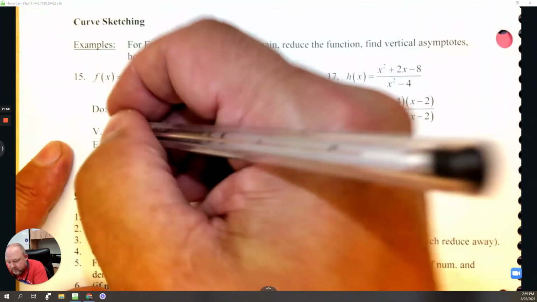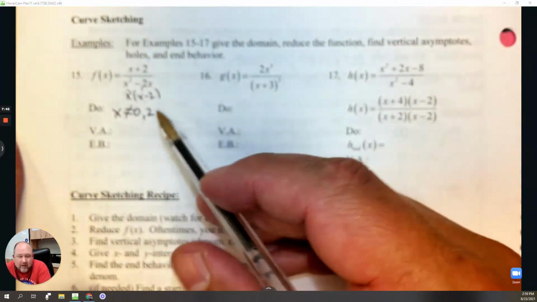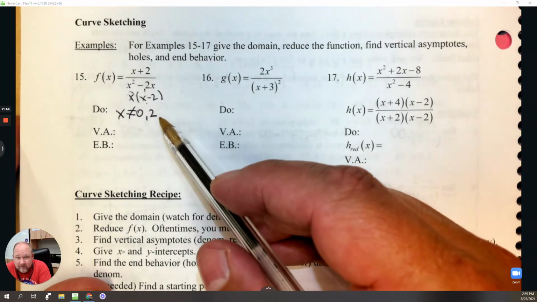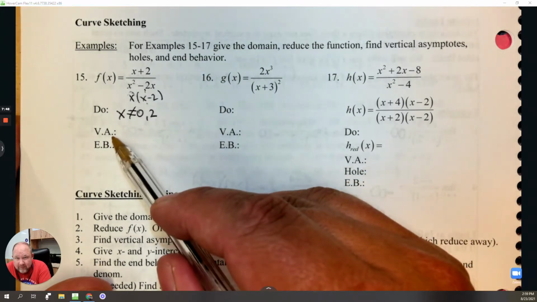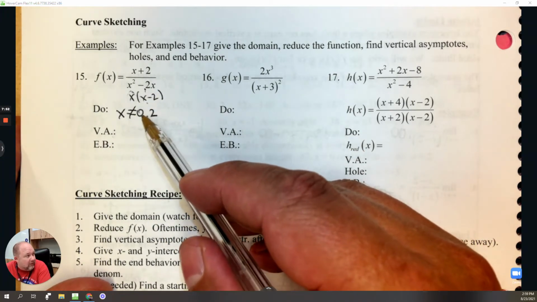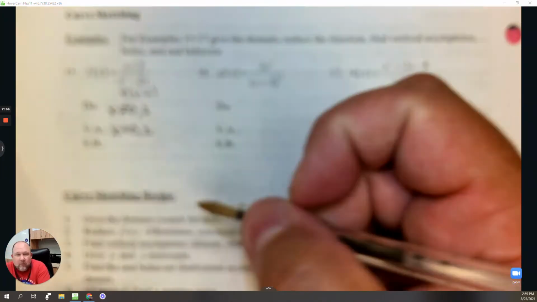Both of those values are restrictions. So x can't be 0 or positive 2. Why can't they be that again? Because it gives you a 0 in the denominator. The vertical asymptote. So neither one of these are removable. Both are vertical asymptotes. If it was removable, it would create a hole in the graph.